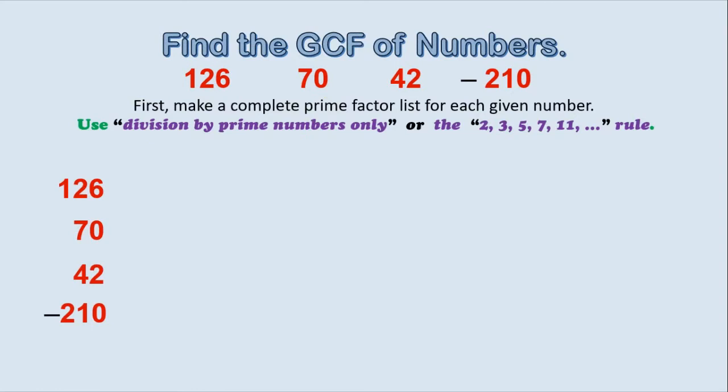I also call this method the 2, 3, 5, 7, 11 rule. Find a possible divisor from the prime list or list of prime numbers. Begin your search from the lowest prime number. Use and exhaust all possible lower prime divisors before moving up to the next higher prime.